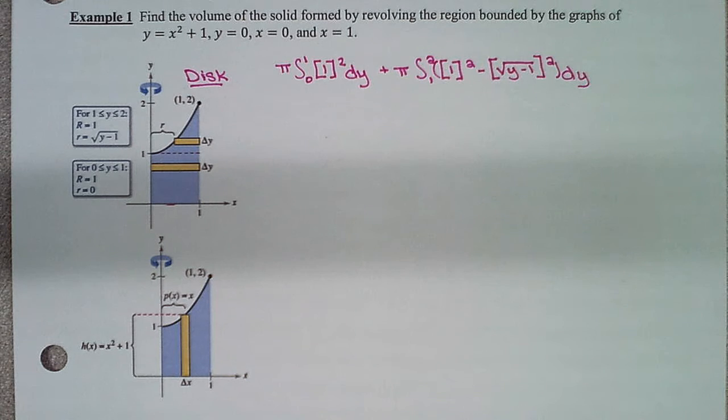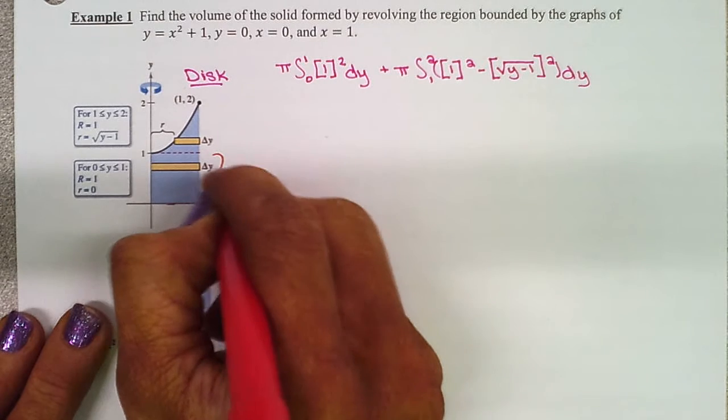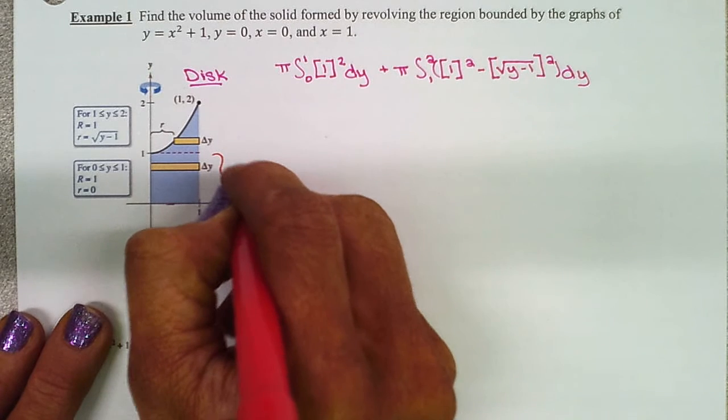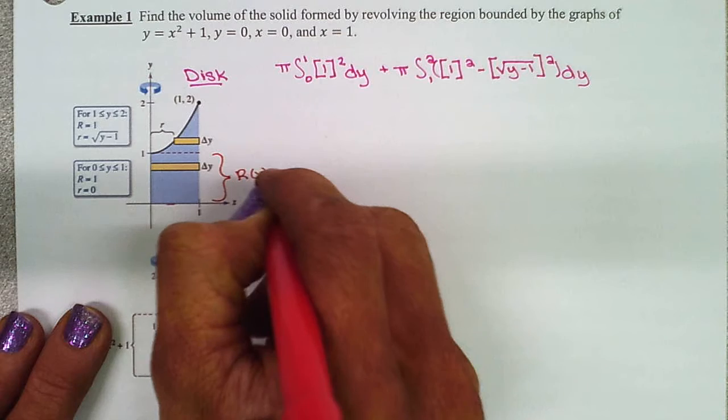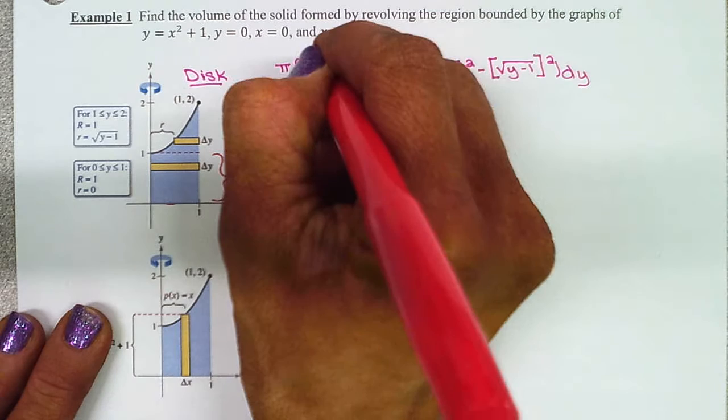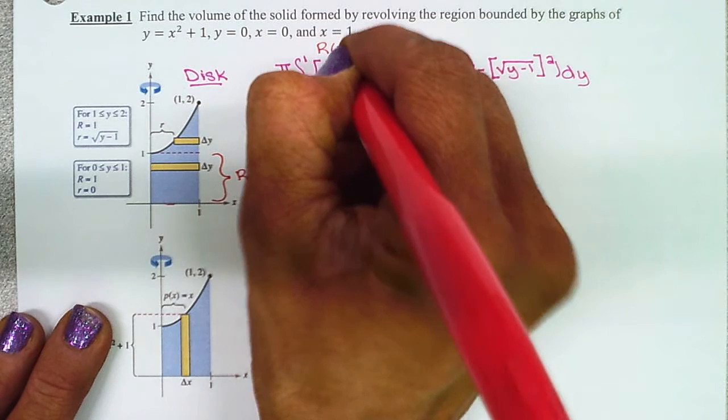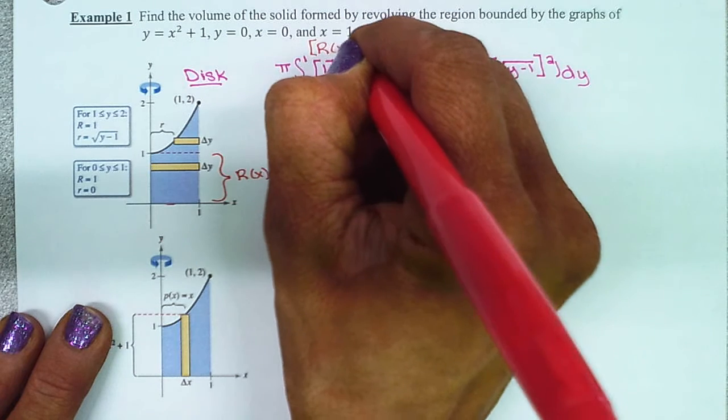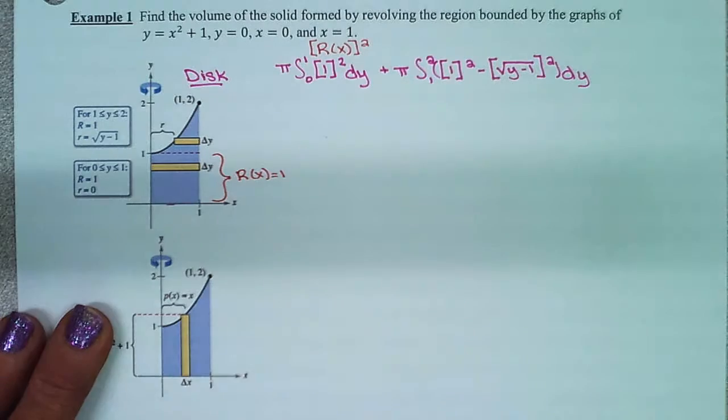So just to kind of reiterate and recap on this, for this piece here, we had a big R of x equal to 1, and here was our R of x getting squared.